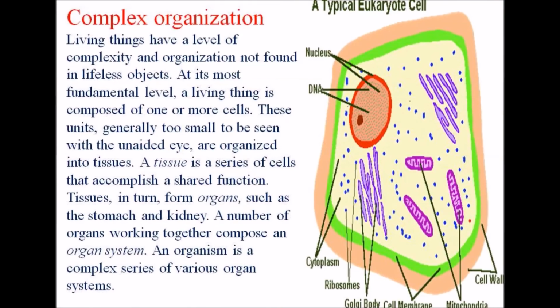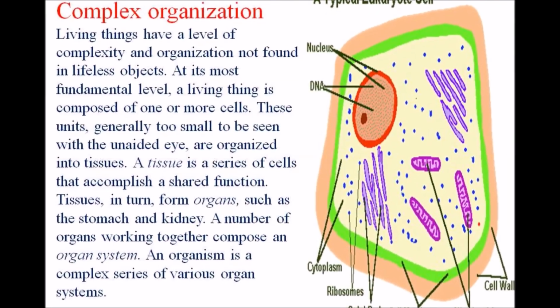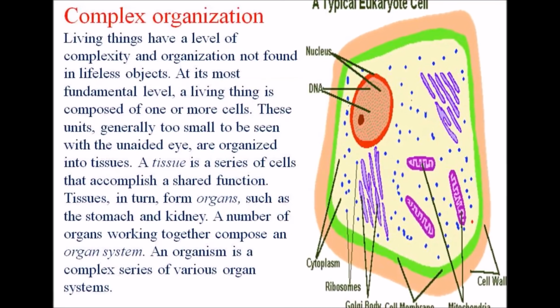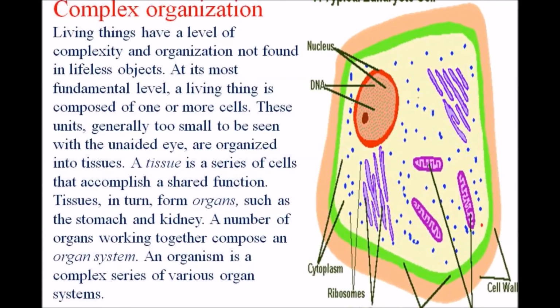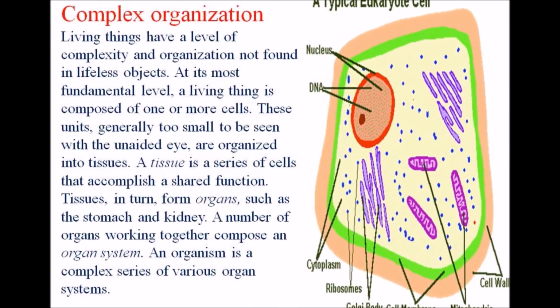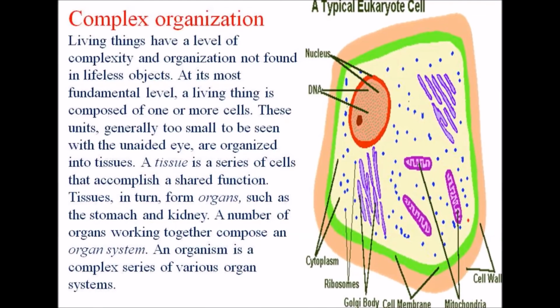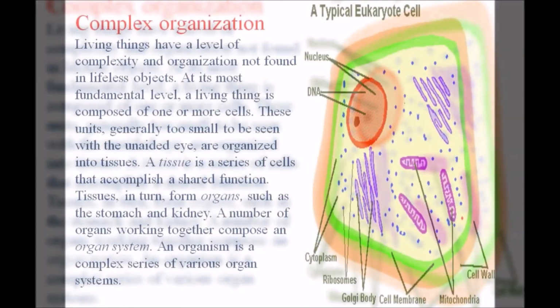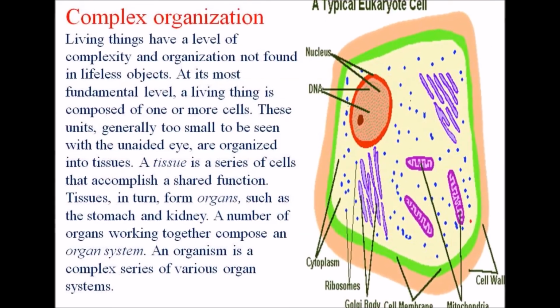Complex organization. Living things have a level of complexity and organization not found in lifeless objects. At its most fundamental level, a living thing is composed of one or more cells. These units, generally too small to be seen with the unaided eye, are organized into tissues.